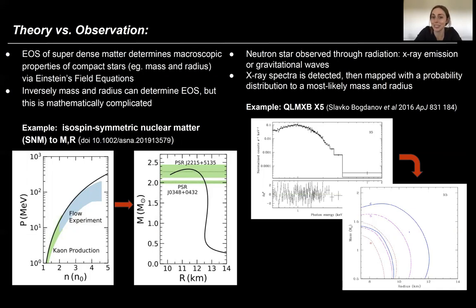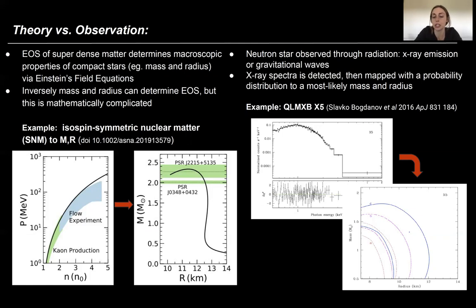From the observational standpoint, observed spectra is used to determine macroscopic variables. Neutron stars are detected from radiation, the most common being X-ray, gamma ray, or gravitational waves. X-ray emission from rotating stars known as pulsars are detected through powerful telescopes, one of which is called Chandra, which was launched by NASA in 1999.